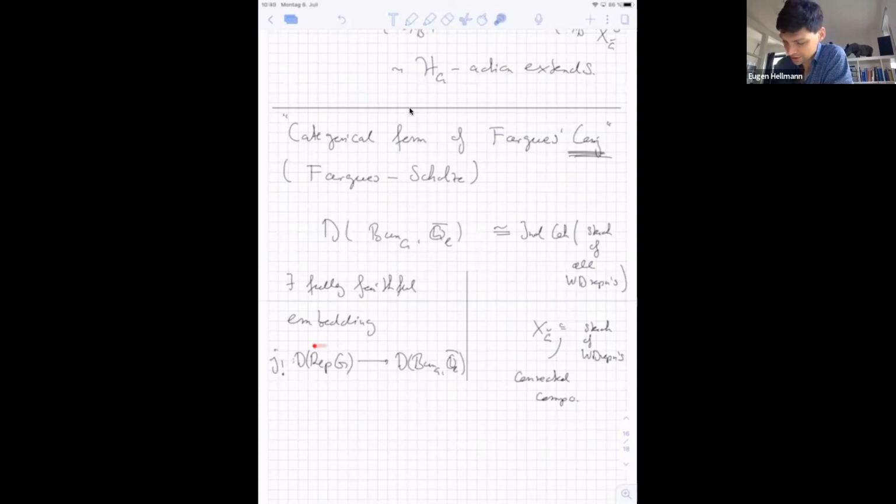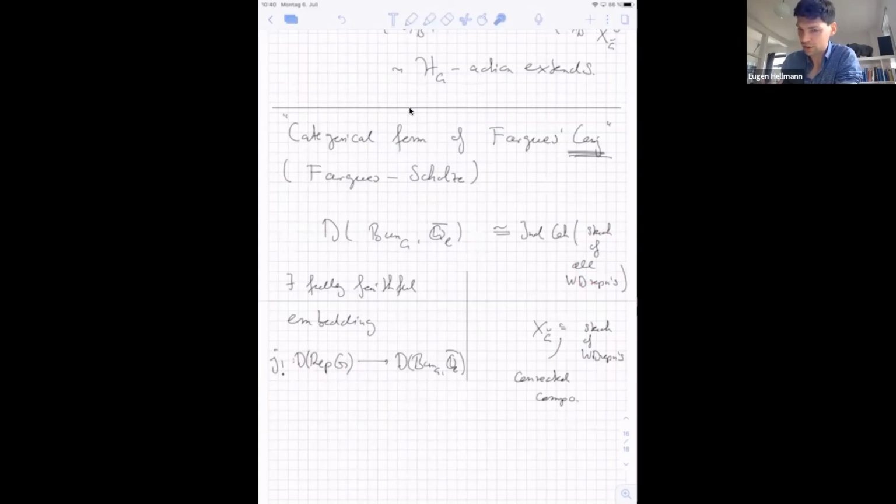Okay, and so here I was again considering one particular block, and in some sense you can embed everything into this much larger world, where this issue with just being fully faithful and not essentially surjective conjecturally is supposed to go away. And in fact, this conjecture about the Iwahori-Hecke algebra, you can extend to a conjecture about the whole category of smooth representations of G, and then here again you have the stack of all Weil representations.